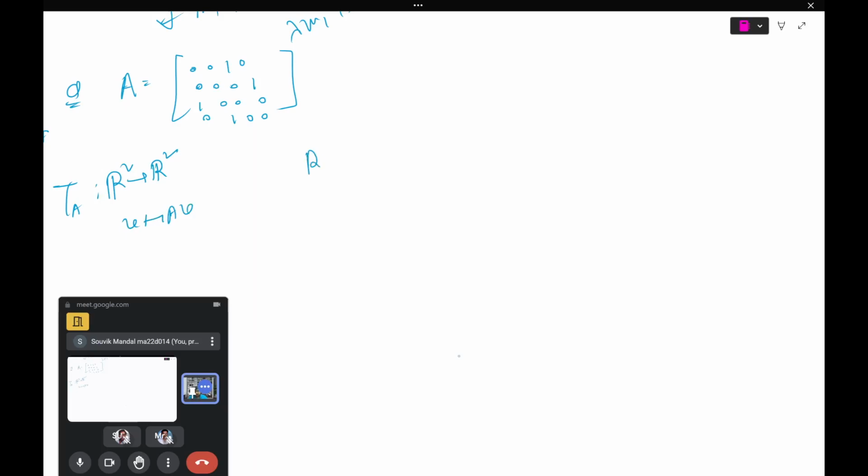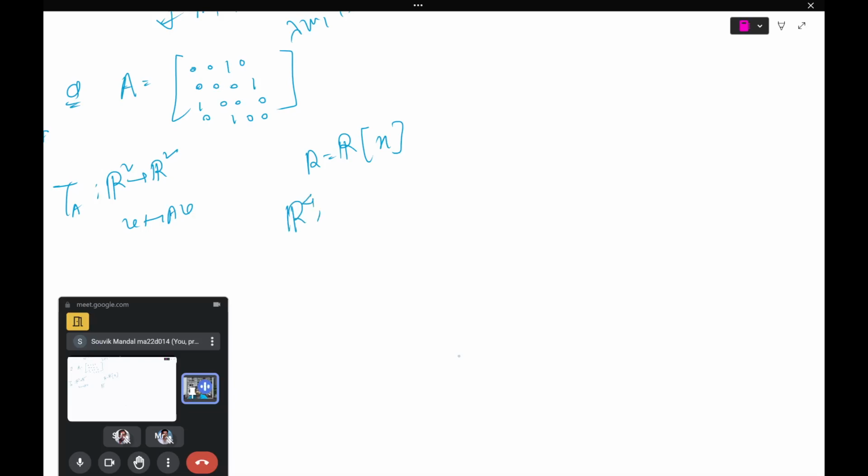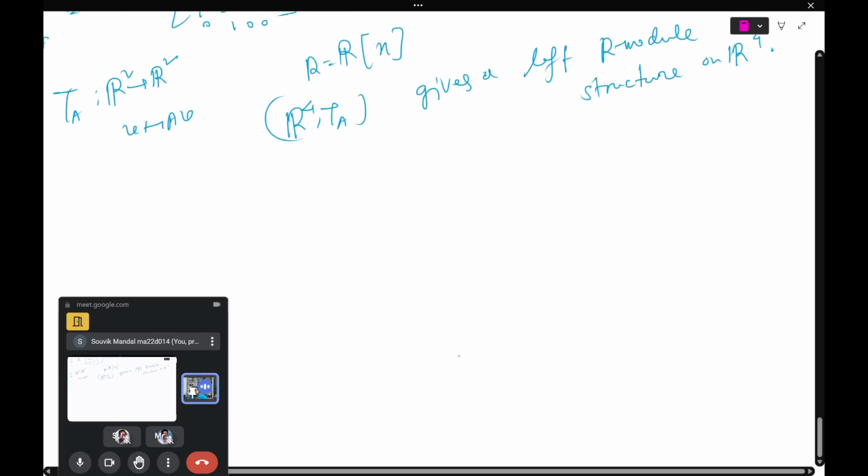And let R be the ring R[x]. Then it is known that R^4 with T_A gives a left R[x]-module structure on R^4. Now the question is, which of the following is a submodule?